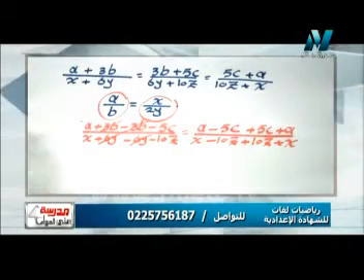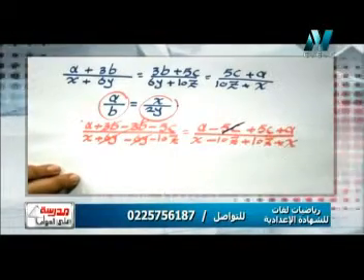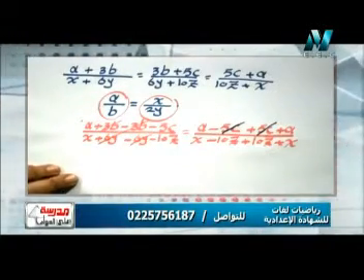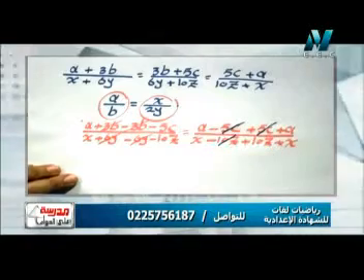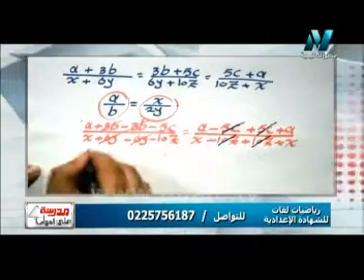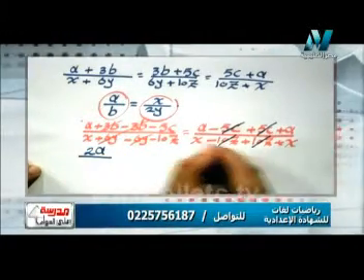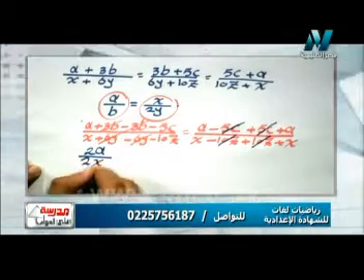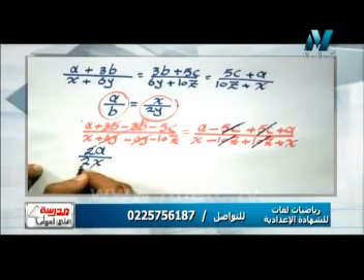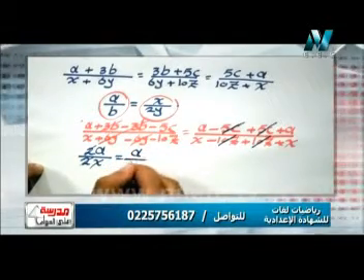Then you can cancel the common factor: 5c negative, 5c positive cancelled, 10z negative, 10z positive. يبقى x plus x equals 2x, a plus a equals 2a over x plus x equals 2x. You can cancel 2 with 2. What is the answer? a over x.